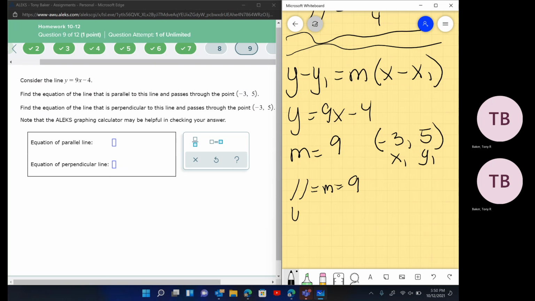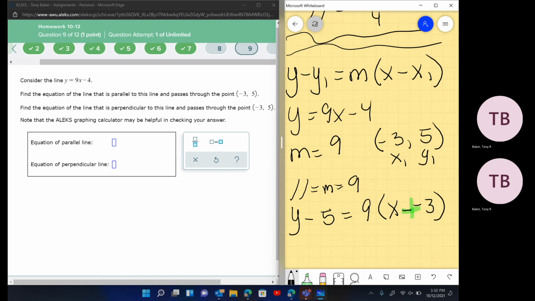So my equation is y minus 5 equals 9 times x minus a negative 3. And remember, that's a plus sign. I'm done.